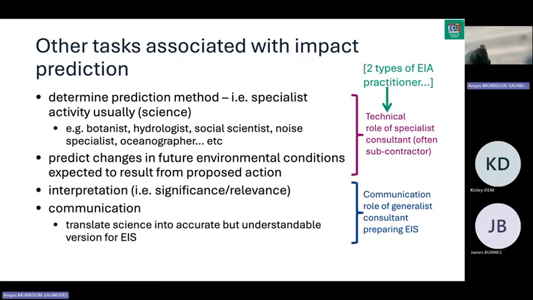So to do that, we need a whole lot of technical information. And this is where we have two types of EIA practitioner. You'll have the technical specialists. You'll have the people who are trying to work out, well, what are the noise impacts of this airport? And you need sophisticated noise modelling and noise acoustics from experts who know how to measure and predict all this sort of stuff.